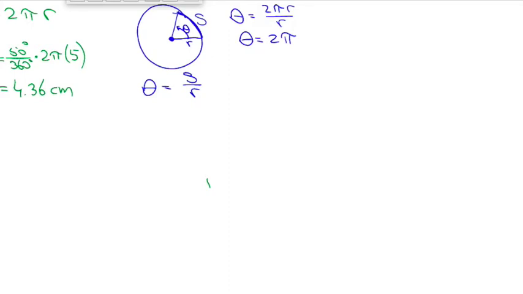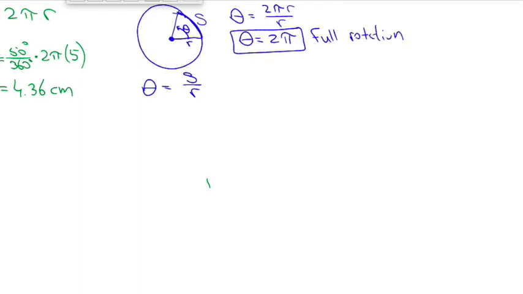It's not 2 pi degrees, it's not 2 pi anything, it's just 2 pi. It's what's considered a unitless measurement. Because if s was measured in centimeters and r is measured in centimeters, those centimeters cancel, and you're left with no units whatsoever, which is beautiful. So a full rotation is 2 pi.